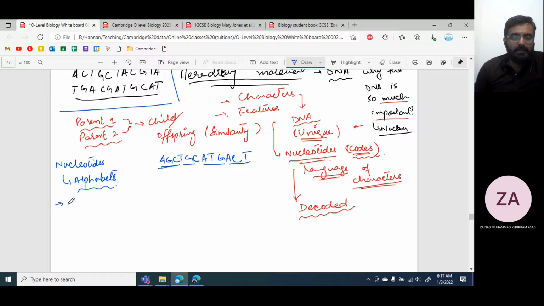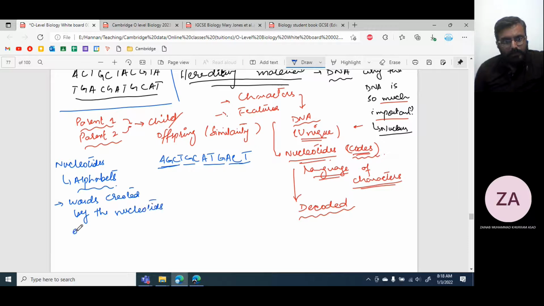According to scientists, the words created by the nucleotides are called genetic codes. These are called genetic codes, or I should be calling it words.